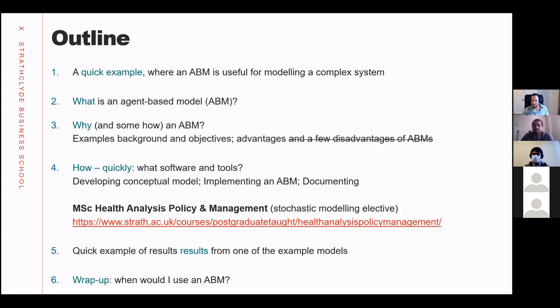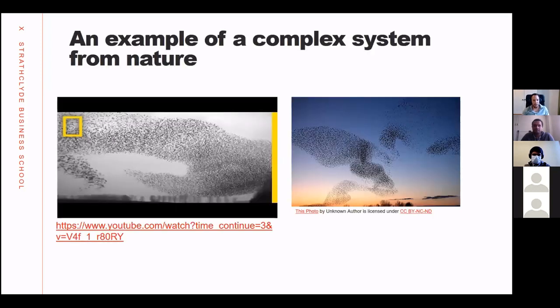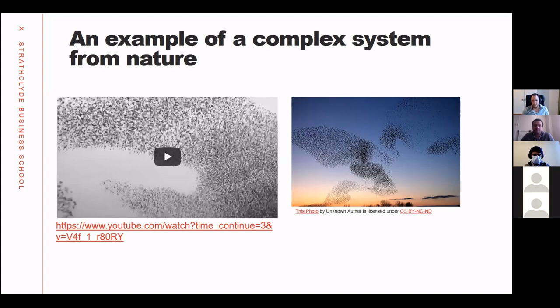So starting off, a quick example of where an agent-based model is useful for modeling complex systems. We're going to go into a completely different world from health and healthcare systems, which is where I work mostly. That example comes from complex systems in nature.